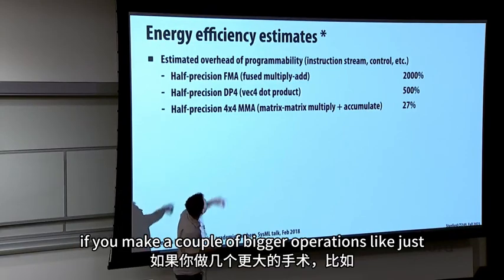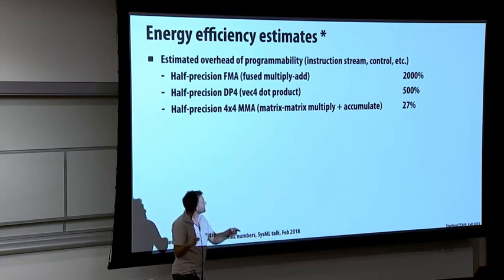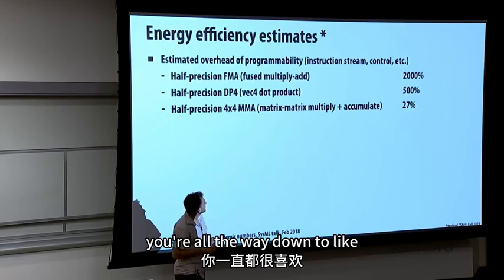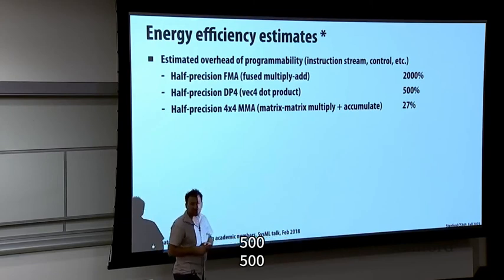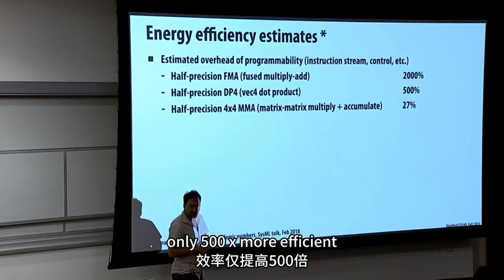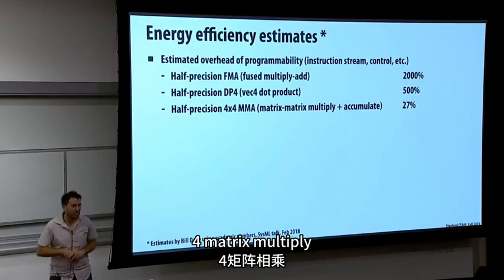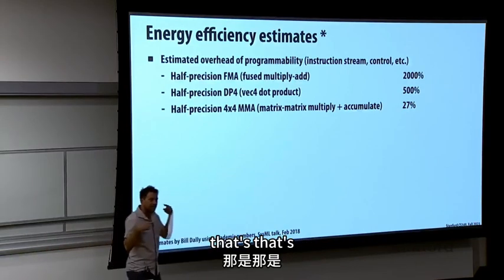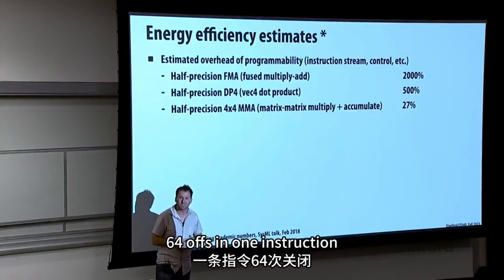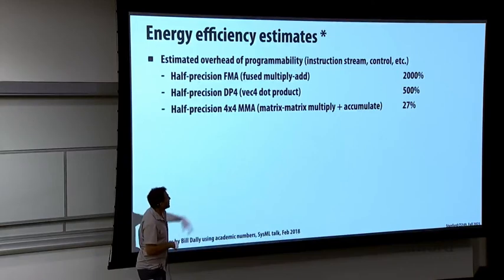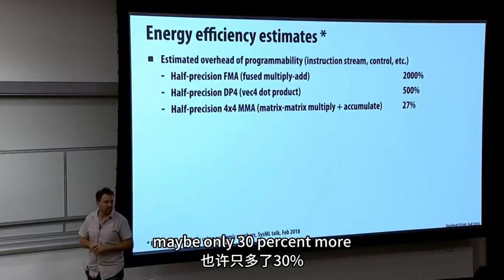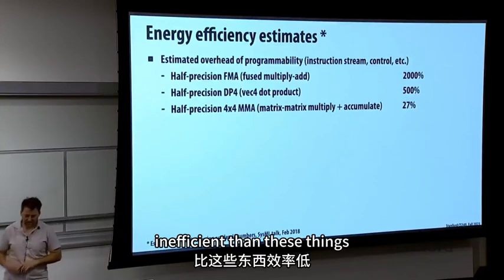If you make a couple of bigger operations, like just a 4-component dot product, you're all the way down to like 500. Only 500x less efficient. If you give yourself an instruction that's a 4x4 matrix multiply, because that does a lot of work, right? That's 64 ops in one instruction. You're all the way down to maybe only 30% more inefficient than these things.